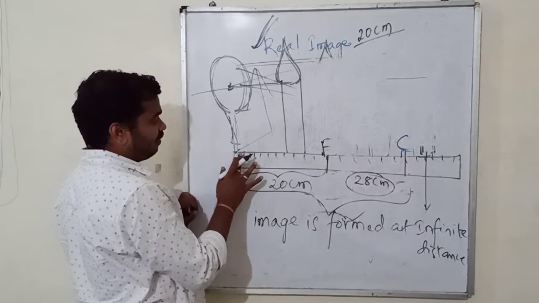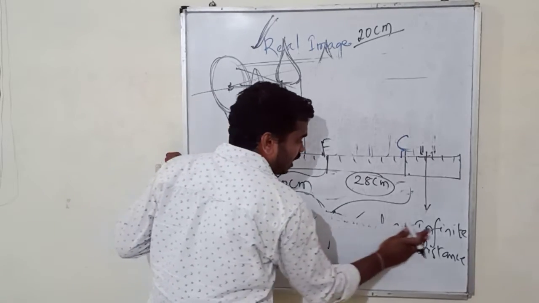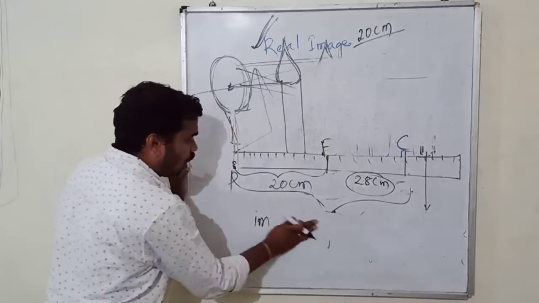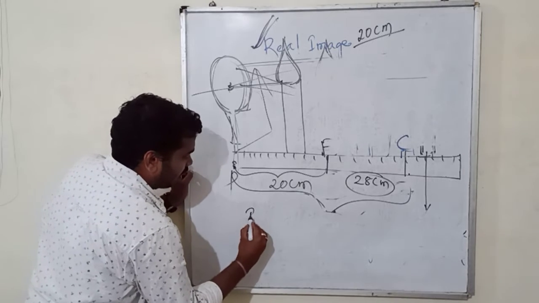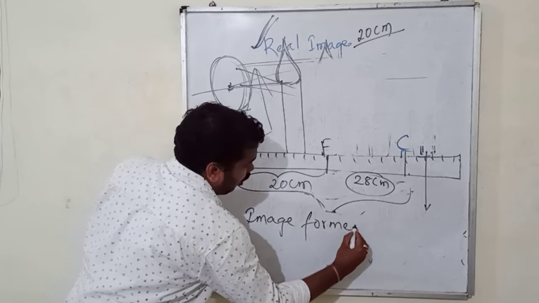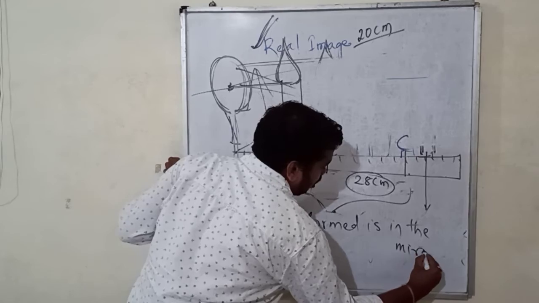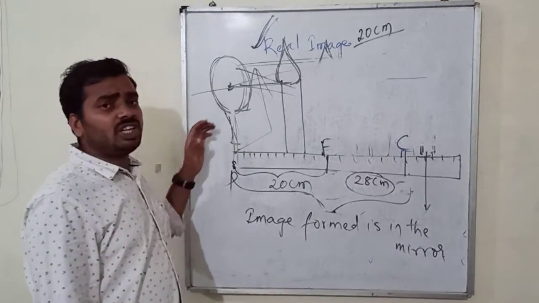When the object is placed between P and F, mirror and F, then the image will be formed in the mirror. Can you capture this image on the screen?